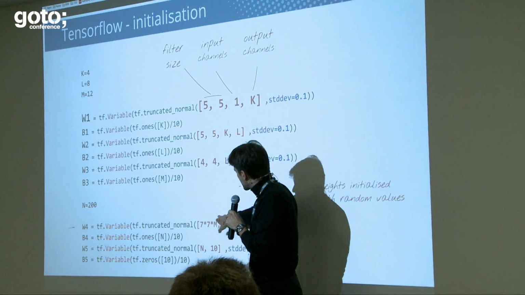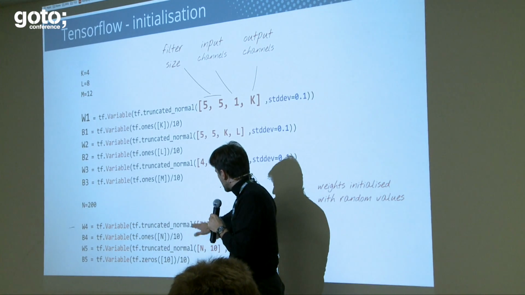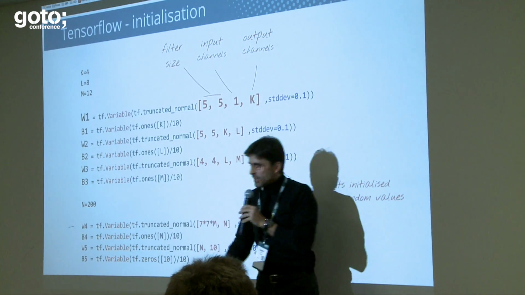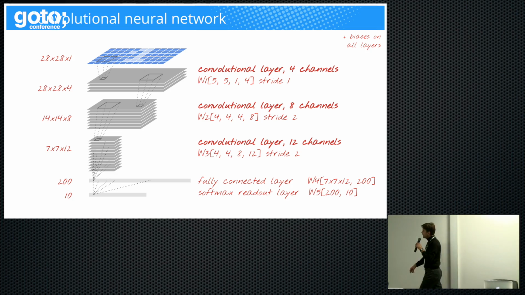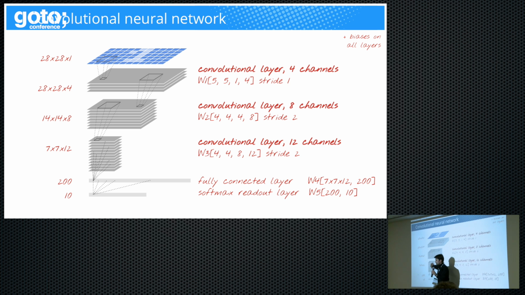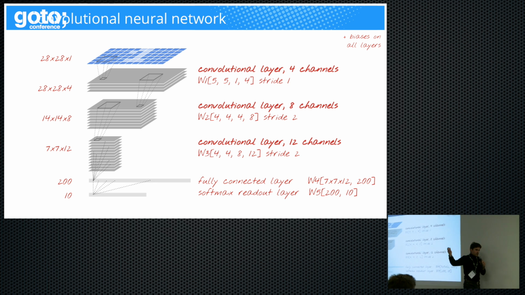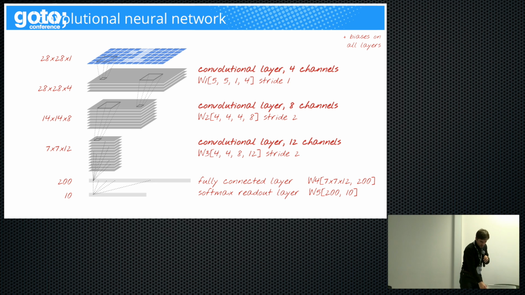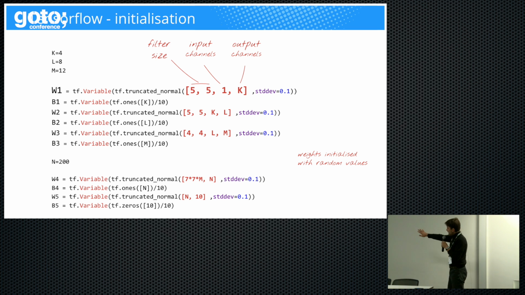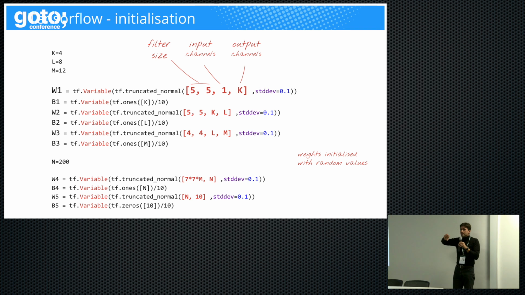The size of its weight matrix is inputs multiplied by outputs. In the inputs here, that was on the little drawing before, I had 7 by 7 by 12 values to read, this little cube. And in the outputs, well, I decide how many neurons I want. So here I chose 200. So I put 200 neurons in N. And then I have my last layer, which are my 10 softmax neurons to actually produce a prediction.